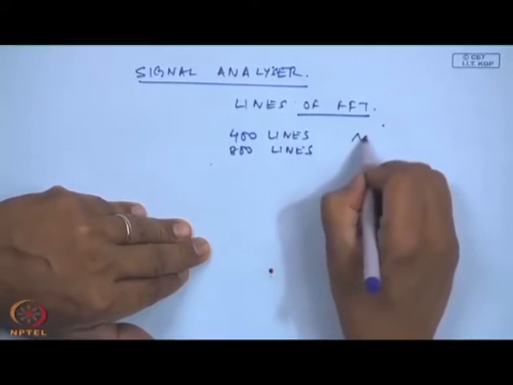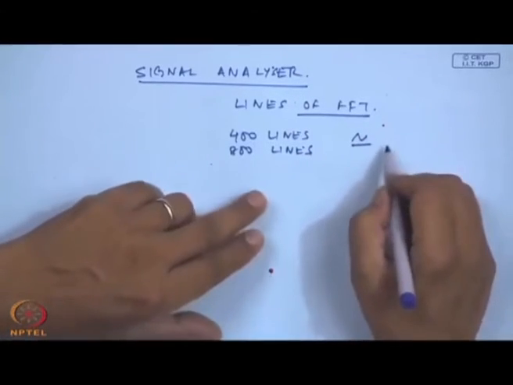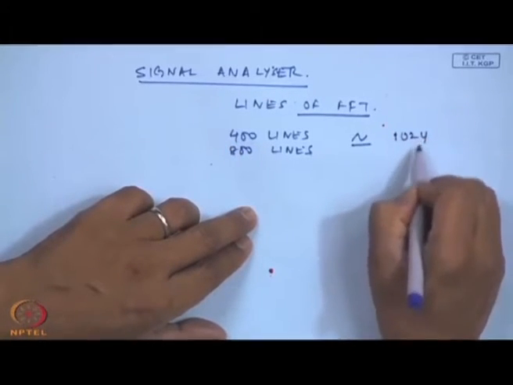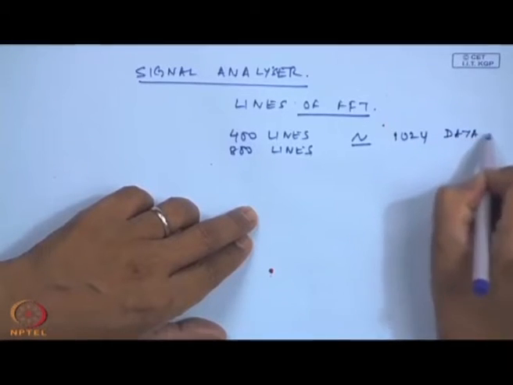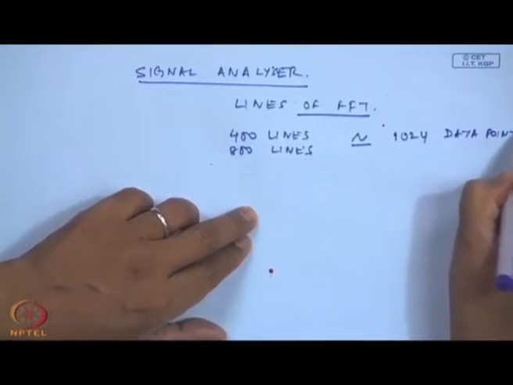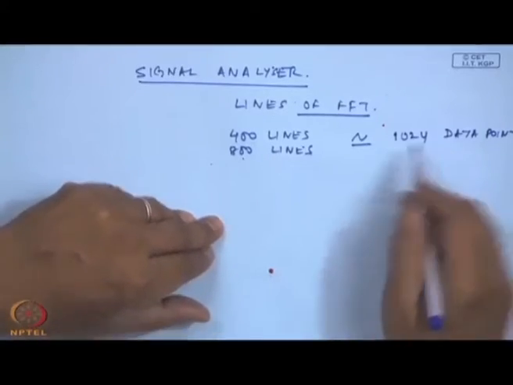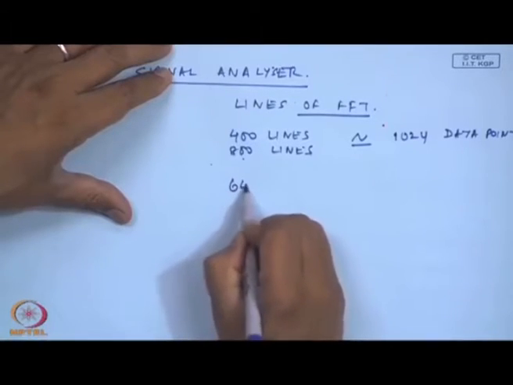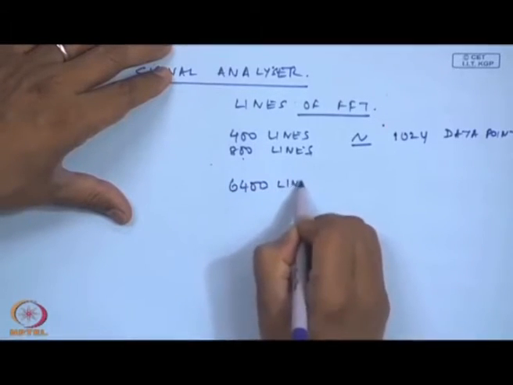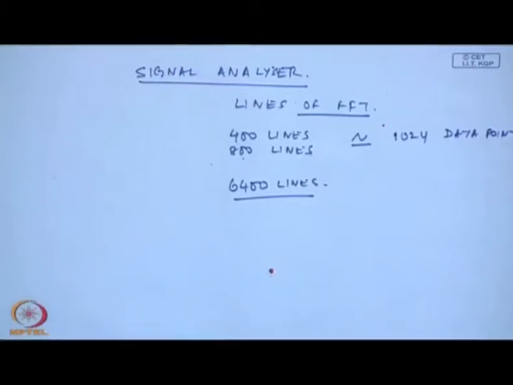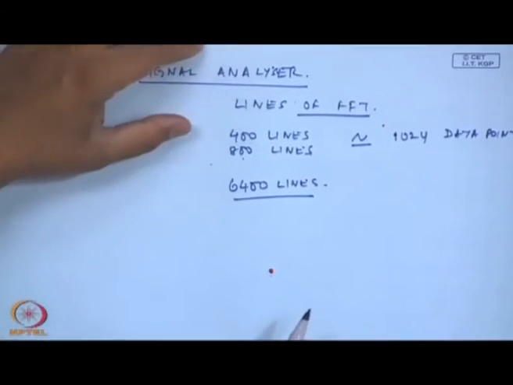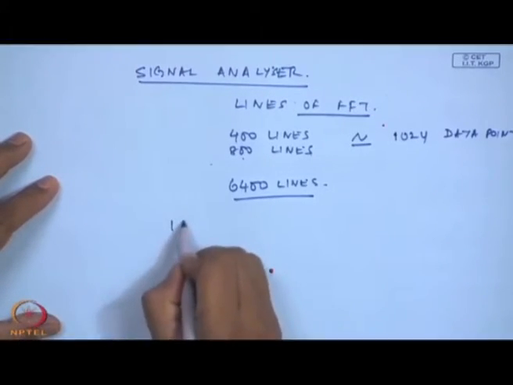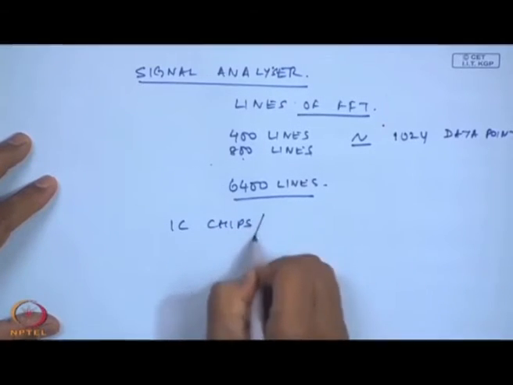This actually corresponds to 400 times 2.56, about 1024 data points. So, more lines mean more data points, means more memory. Nowadays we have systems with 6400 lines available. Many times some of these FFT analyzers are actually on chips or IC chips or processors.